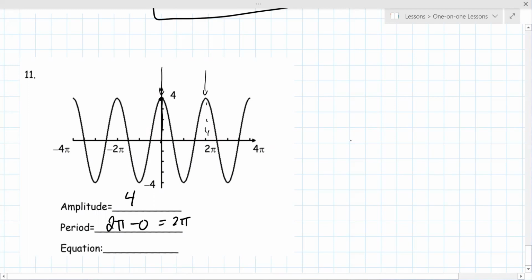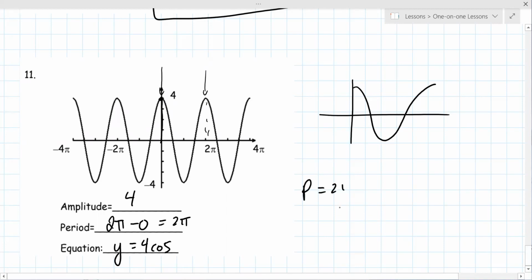So this time it's a cosine because cosine starts high and goes low. So it's y equals 4 cosine. And then we need the b value. So the period is 2 pi over b. So b is equal to 2 pi over the period. 2 pi over 2 pi equals 1. So it's 1x there.